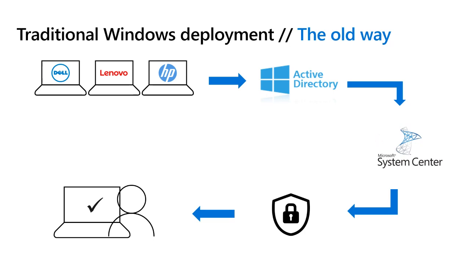Then you have to get the device onboarded to an endpoint protection solution, whether that is your antivirus or an EDR solution. And then the machine is finally ready to be handed off and shipped out to the user. This is the process of transitioning a factory state device into a business ready state device. This is a very high touch approach and requires us to deploy multiple resources on-prem. What Autopilot does is it helps you automate this process with minimal IT admin intervention.